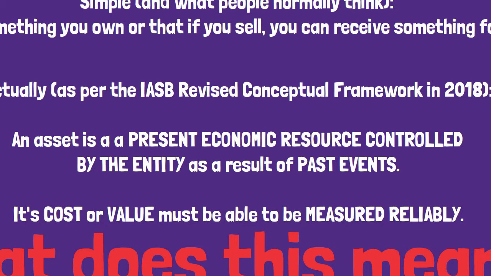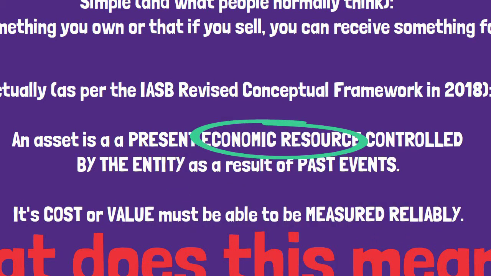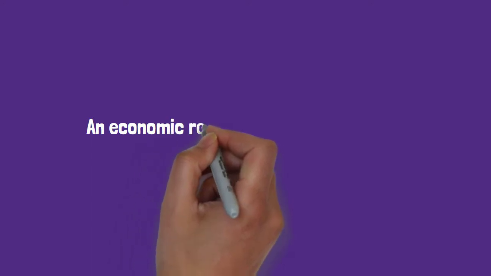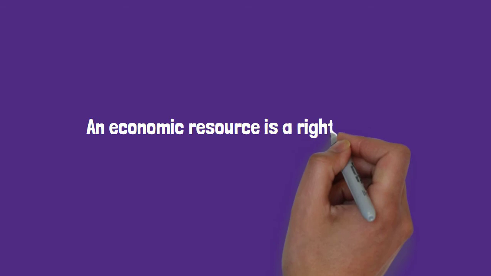So, let's look at the first part of that sentence again. An asset is a present economic resource. So let's look at these words, economic resource. What does that mean? Well, interestingly, this is also defined as per the IASB Revised Conceptual Framework of 2018.